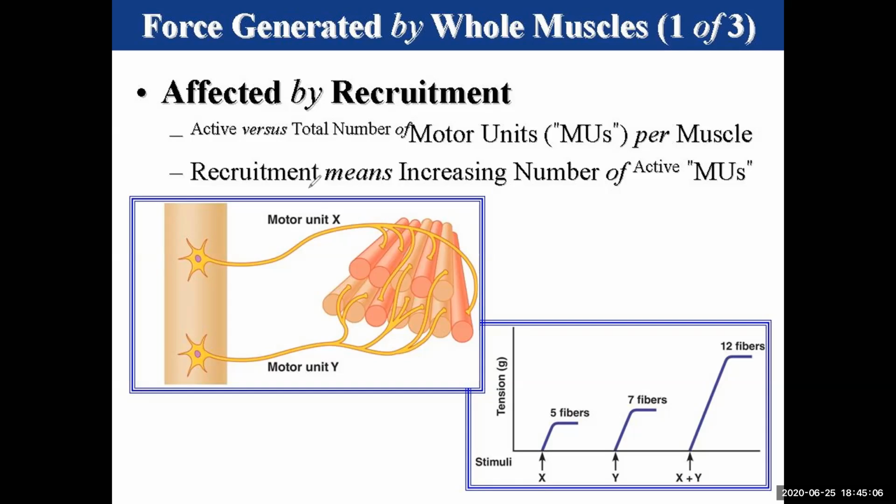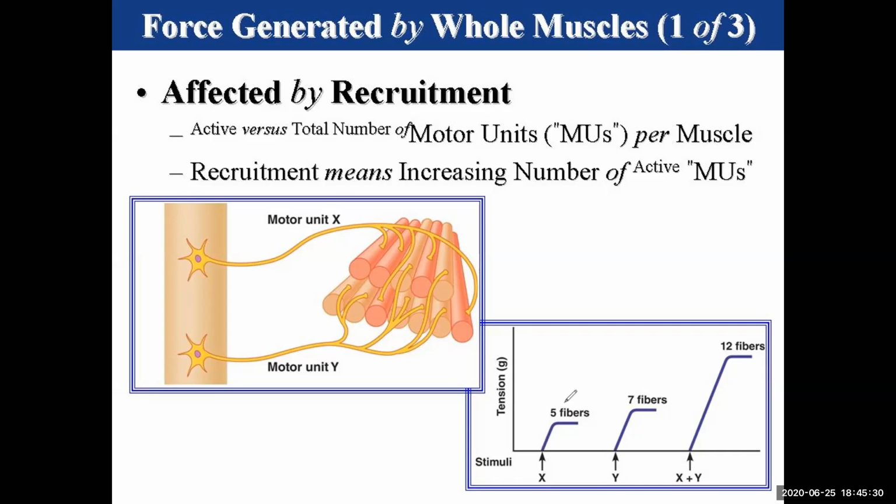And recruitment means increasing the number of active motor units. This is how the nervous system works. It will activate the small motor unit first, always. So the motor unit that innervates the lesser amount of skeletal muscle fibers, and it moves up. So that's what you see here.